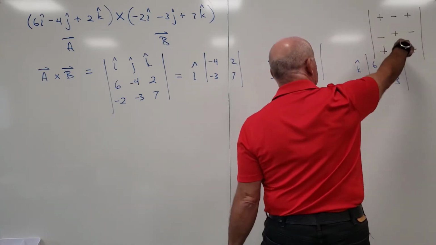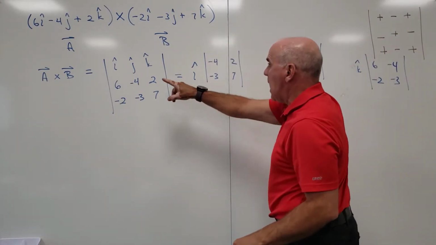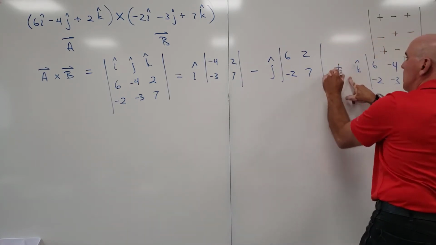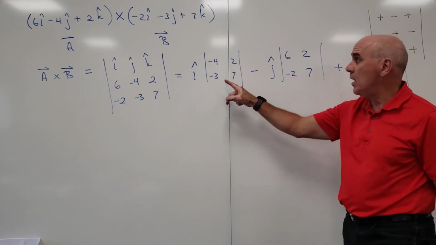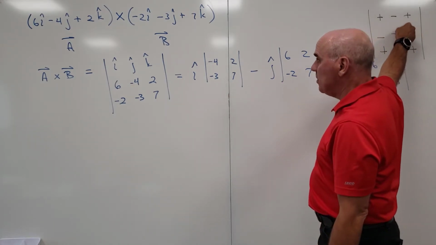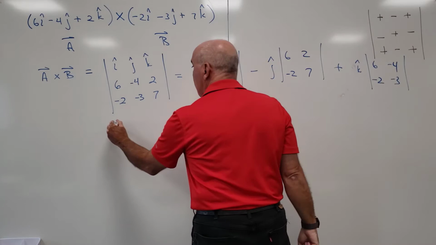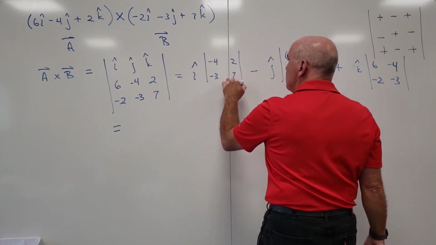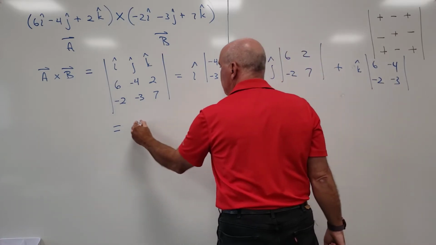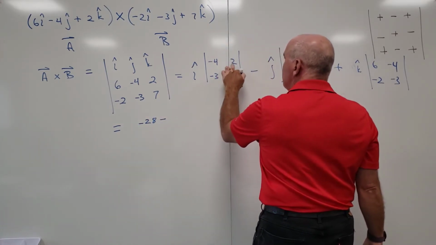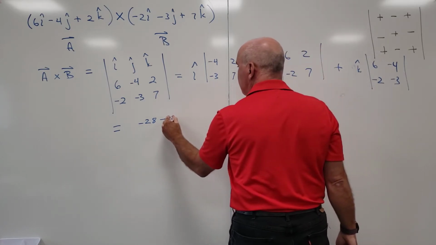And then the plus minus plus rule: I hat is plus, J hat is minus, K hat is plus. So what do I get? I get negative 4 times 7, that's negative 28, minus 2 times negative 3, so minus negative 6.